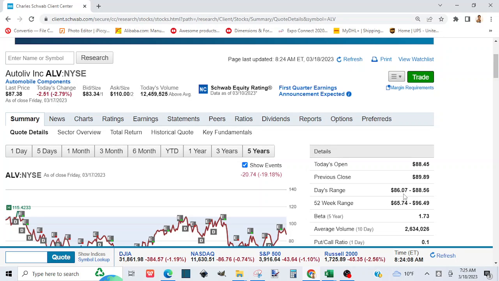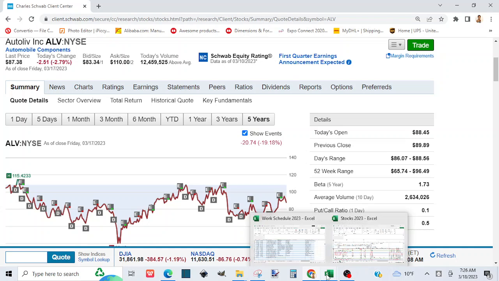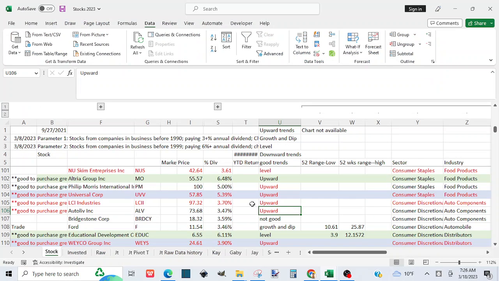So now it's the right time to invest in it, because it's on the low side. That 52-week range comes into play when you are ready to invest in the stock, but it does not have to come into play when you are recording those stocks to come back to them later.